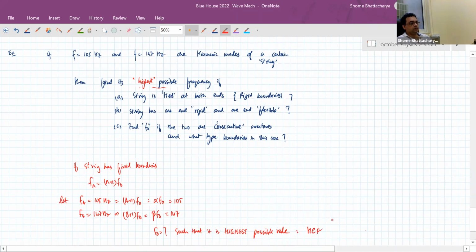Okay, so 105 you can see is equal to 3 into 5 into 7, and 147 you can see is 7 into 3 into 7.